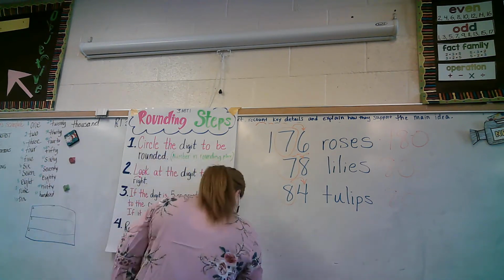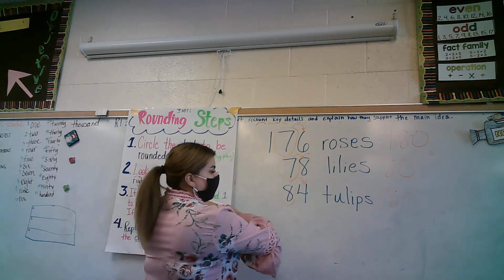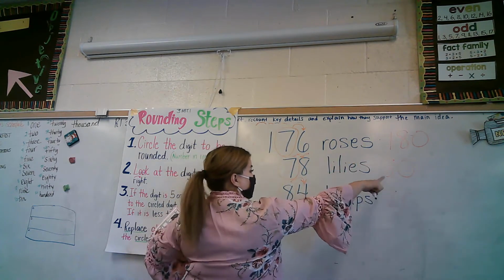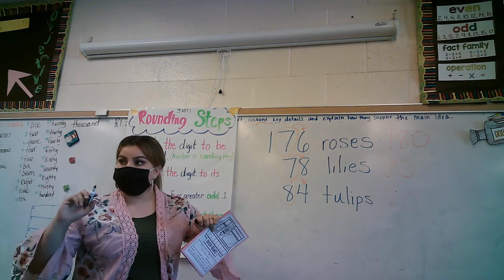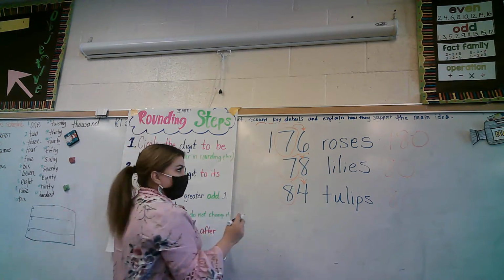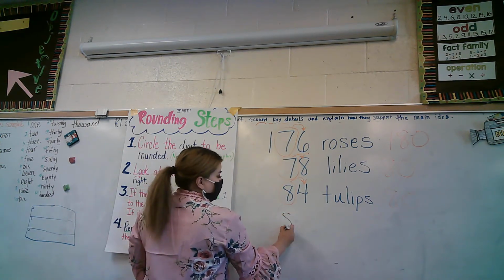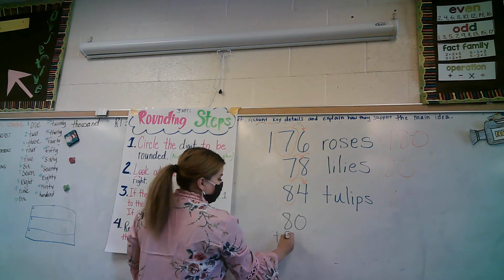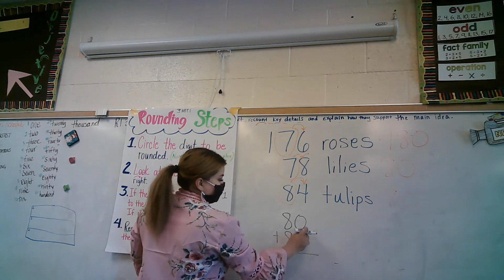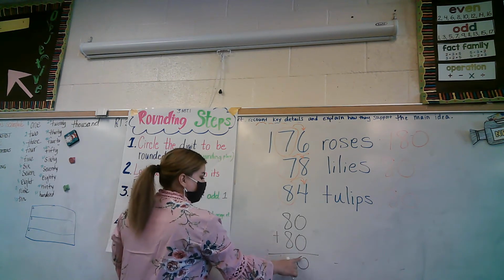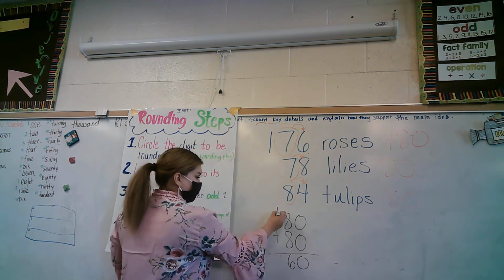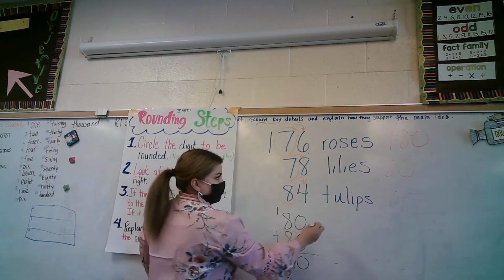So what that means is we got to add up our flowers. So go ahead and add those up. Remember our associative property? You can do it this way. You can do 80 plus 80. 0 plus 0 is? 0. Good. 8 plus 8 is? 16. Okay, so I have these.